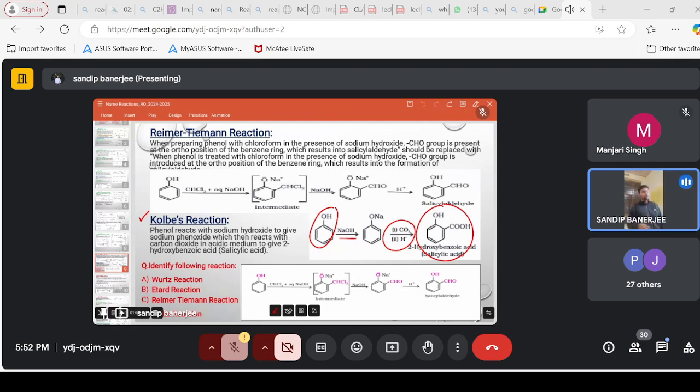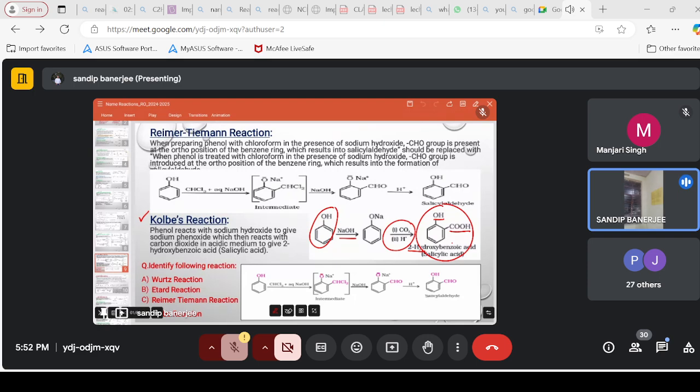Sometimes one short question may ask: what is the IUPAC name of salicylic acid? Now, since in this ring OH is present and COOH is present, both groups present, and this COOH group is the main functional group, that's why the name is from 2-hydroxy, not from 2-carboxy like this.